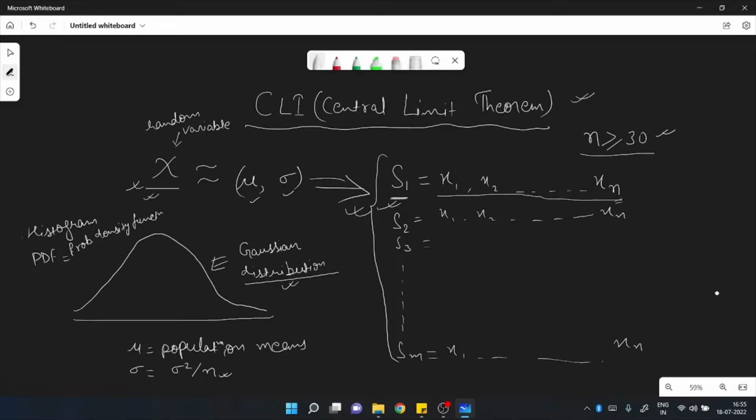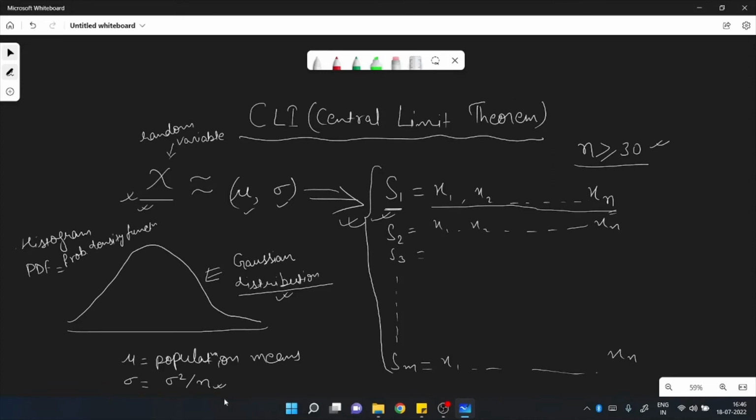We take various samples from the population data set, and when we plot that sample data set, we get a distribution in the form of a Gaussian distribution. In general terms, if you plot the features of a data set, unless there are outliers present, you will get a normal distribution. This is how you can relate this concept to a data set. This is all about the central limit theorem.